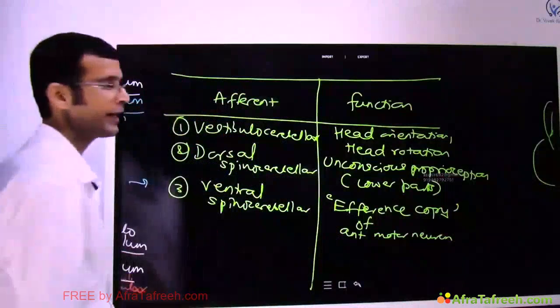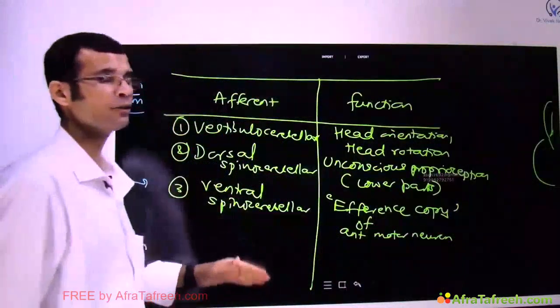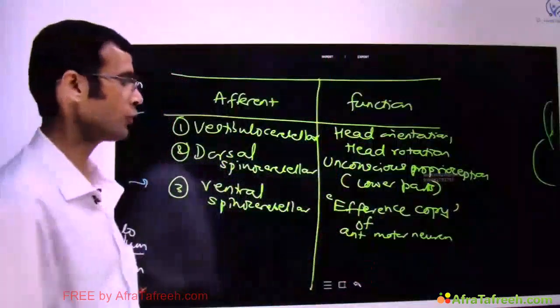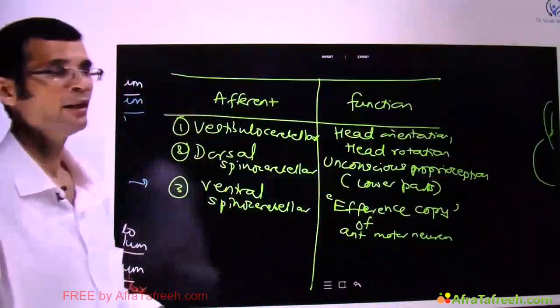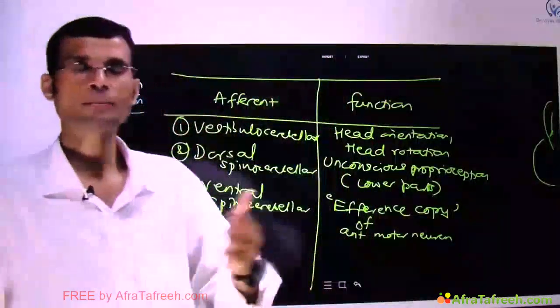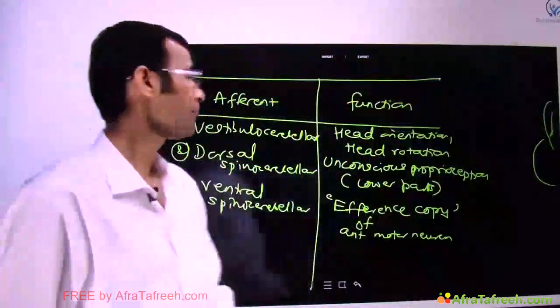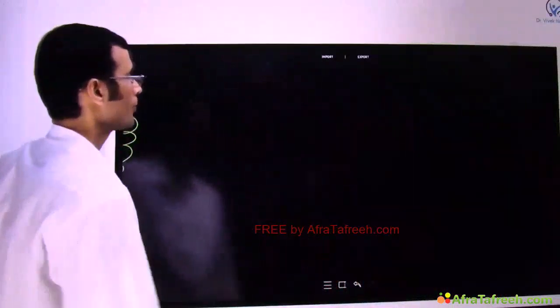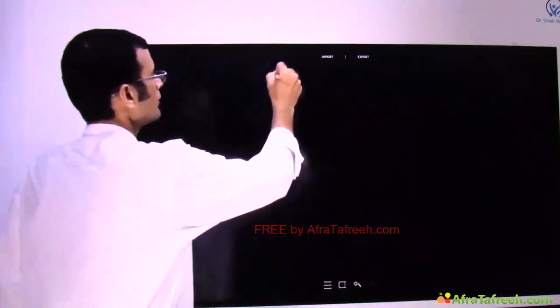Let's try to understand this. By the way, ventral spinocerebellar tract is the fastest ascending tract in the spinal cord, 120 meters per second. Fastest descending tract was corticospinal tract fibers arising from the giant Betz cell. This is the fastest ascending tract in the spinal cord, and it carries the efference copy of the anterior motor neuron. Now, what is that?